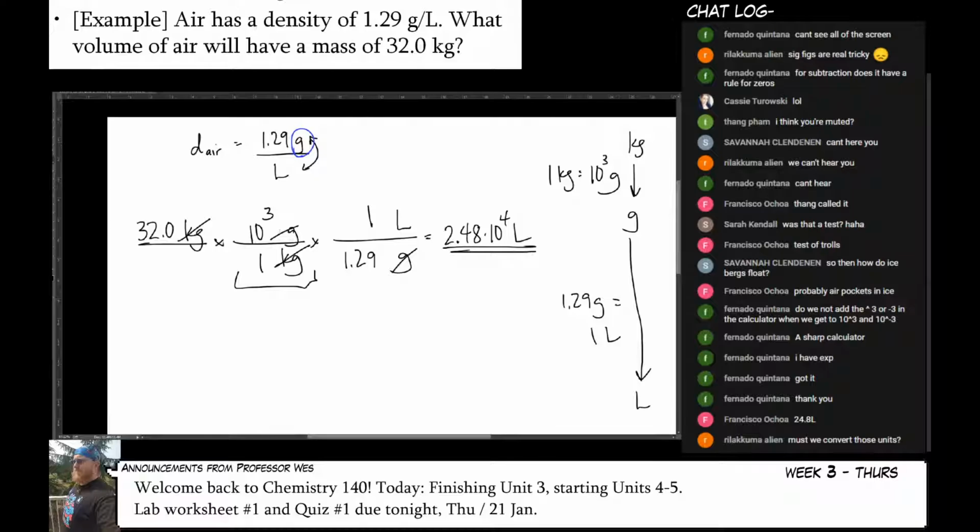So I need to have grams somewhere in my conversion so I can get to liters. So I must convert kilograms to grams to continue. From here, you could turn this into whatever unit you want to. You can do anything you want as long as it's a volume. I will try to be more specific, but for these problems, I'm just trying to get you into the process of doing all of the conversions.